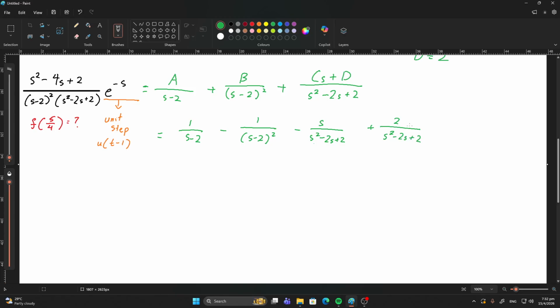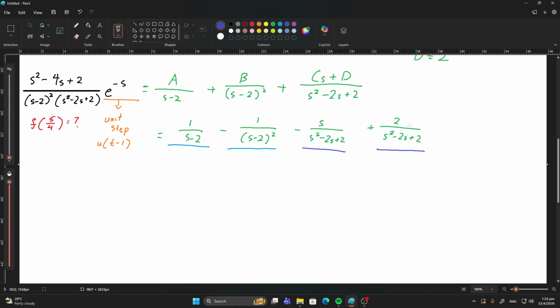Alright, how can we make this a lot better? Okay, let's be real. This first two is very simple. But what about the behind 2? That's where we do, I believe the term is called completing the square.